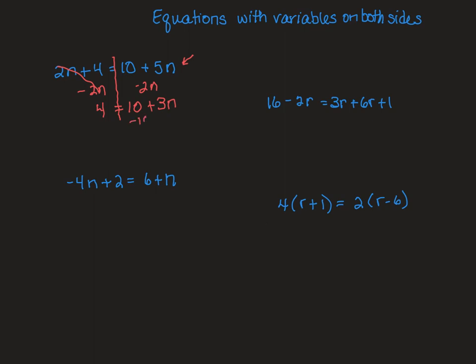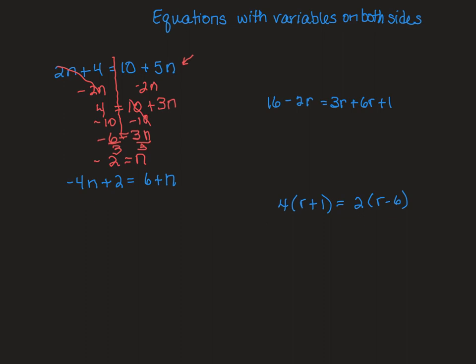So minus 10, minus 10. Okay, 10 minus 10 is 0. So I have 3n equals negative 6. And I divide by 3, and n equals negative 2.